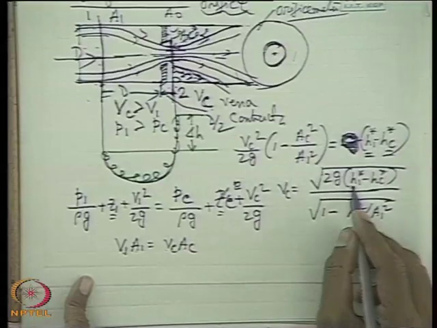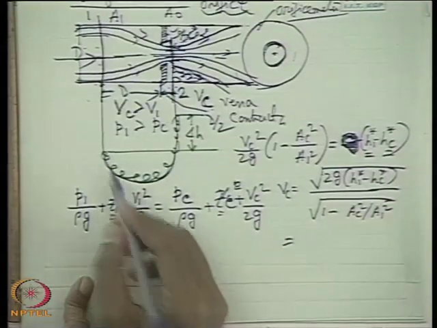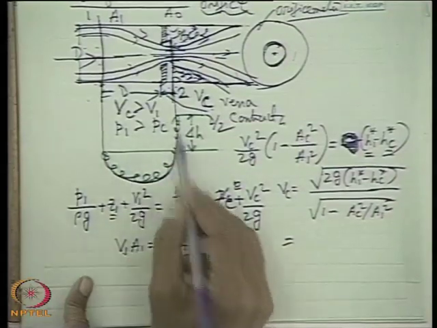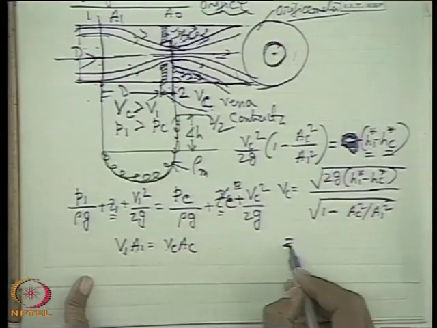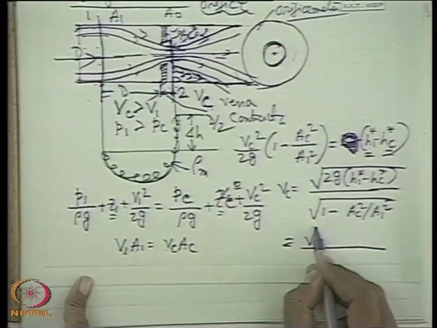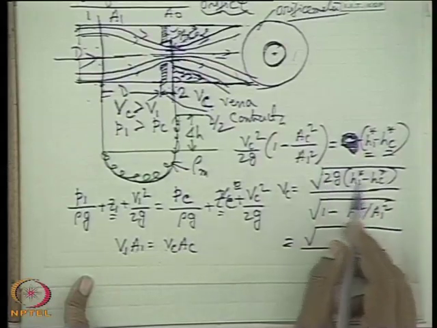Alright. Now again H1 star minus HC star, from this manometer equation, if rho m is the density of the manometric fluid, will be equal to, what is this?